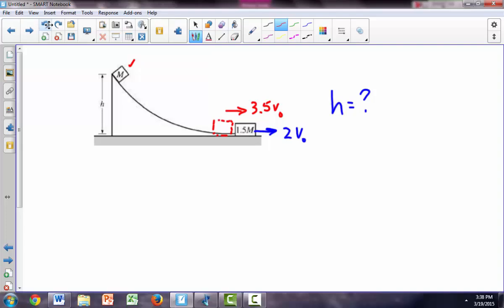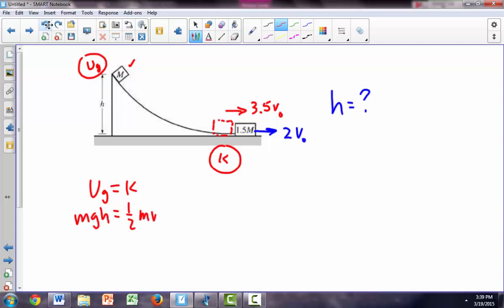This should seem to you like a good opportunity to apply conservation of energy, because I've got a change in height, and up here I've got all UG in my pi up here, and I've got all kinetic energy, translational kinetic energy here. Nothing's rotating. So I've got UG equals K, so mgh equals 1/2 mv squared.